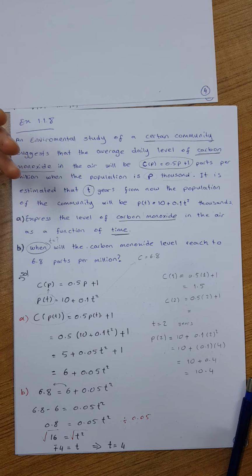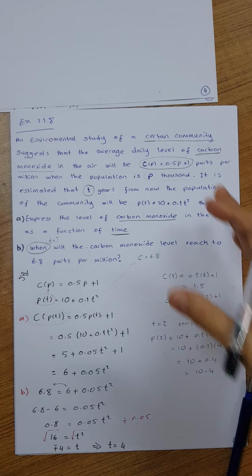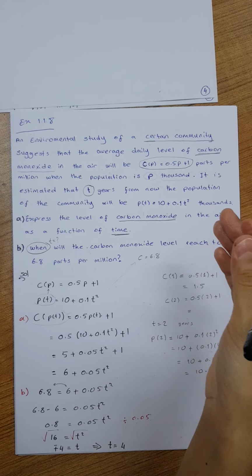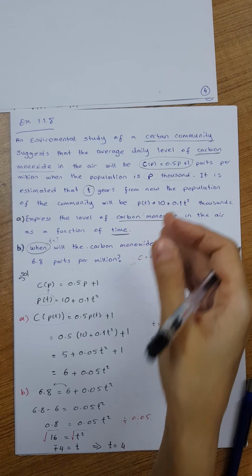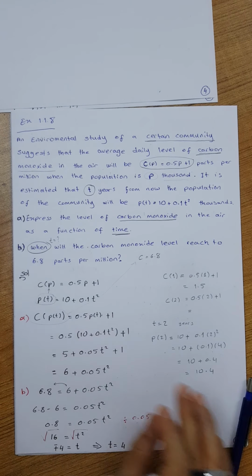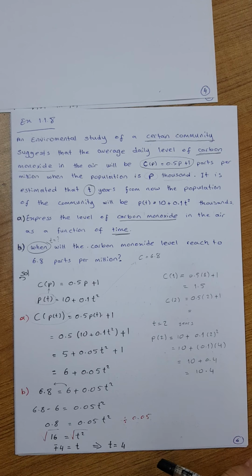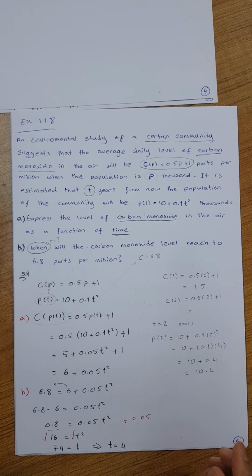You have to analyze it. Then, of course, if you could analyze the word problem, it would be easy for you to find the other parts that are required from you. That's all about section 1 of chapter 1, functions, domains, composition of functions, and being familiar with word problems.